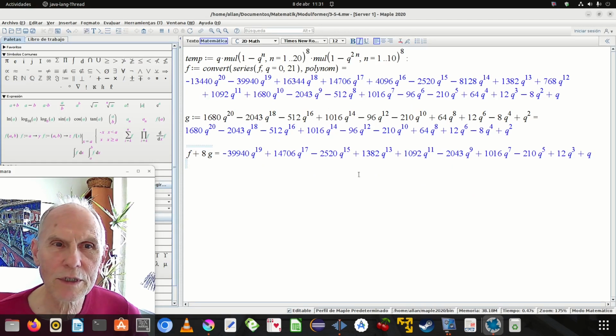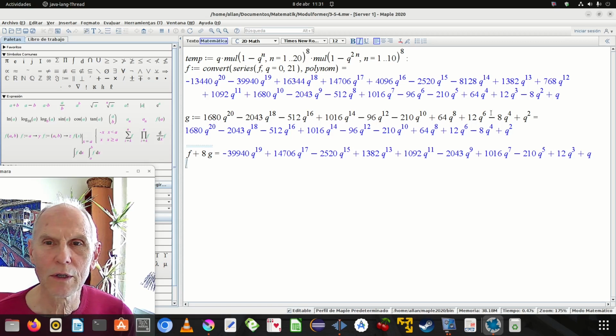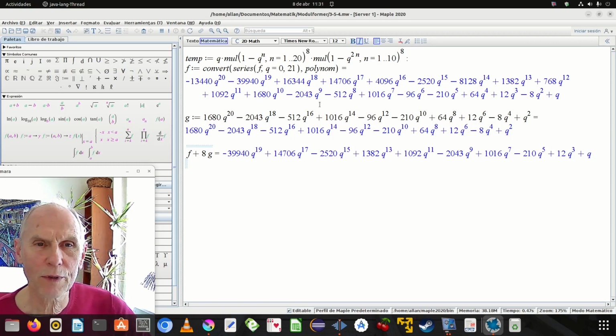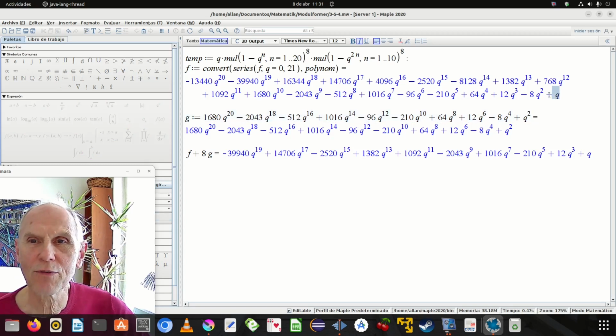So how can we see that? That was g of 2z, meaning it starts with q to the 4th. And no linear combination of this can cancel q and q squared.